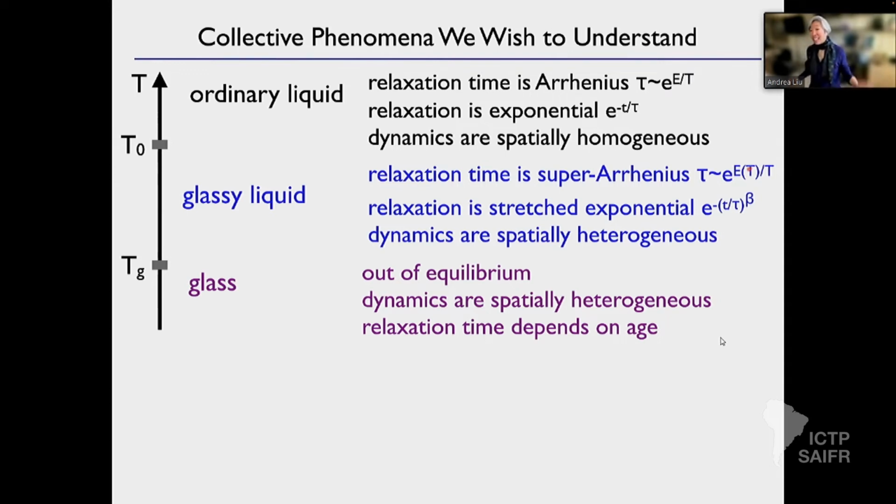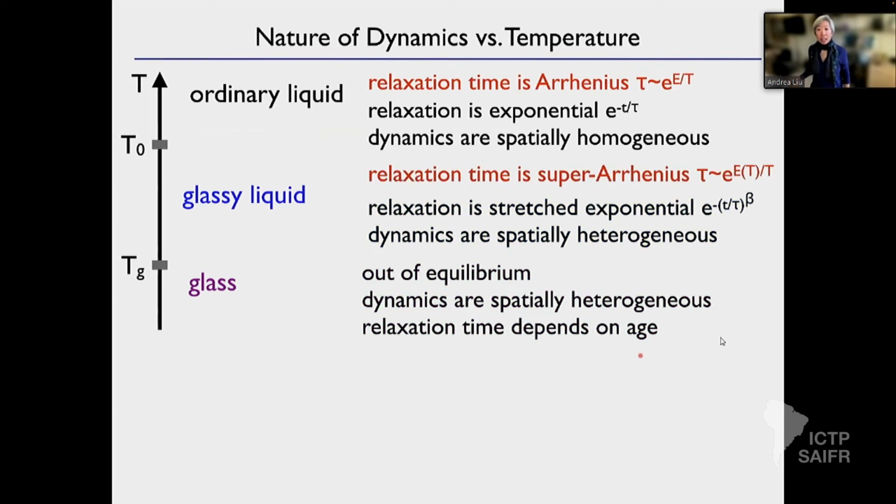And it actually gets higher as you lower the temperature. So as you lower the temperature, it's as if you have to go over higher and higher barriers. The relaxation becomes a stretched exponential, not a simple exponential anymore. And the dynamics become spatially heterogeneous. Let me explain what that means.